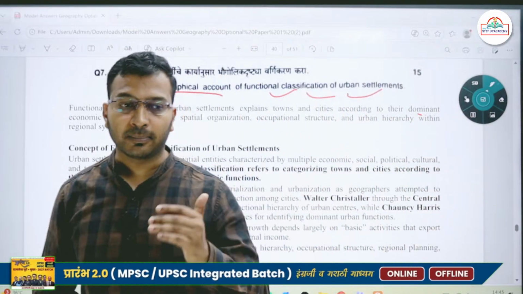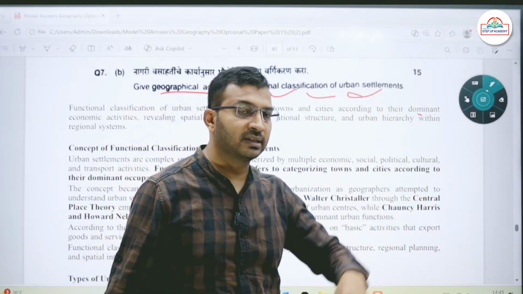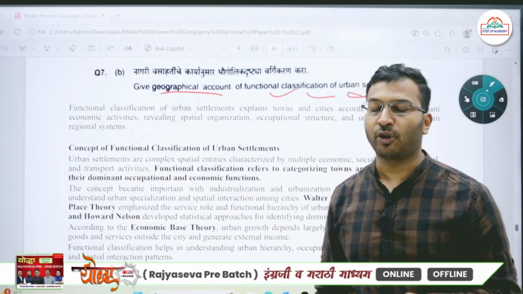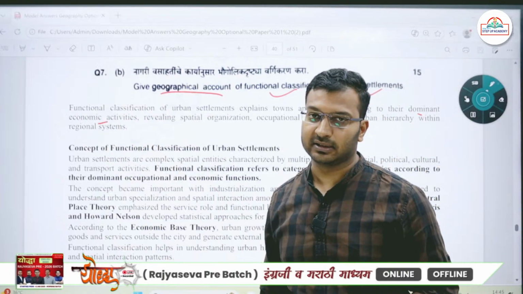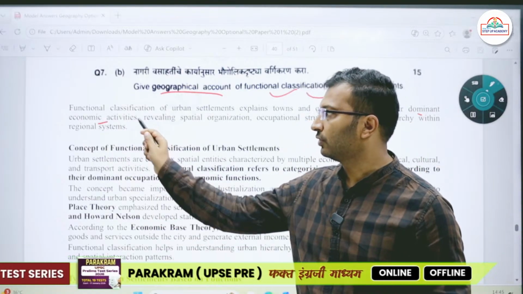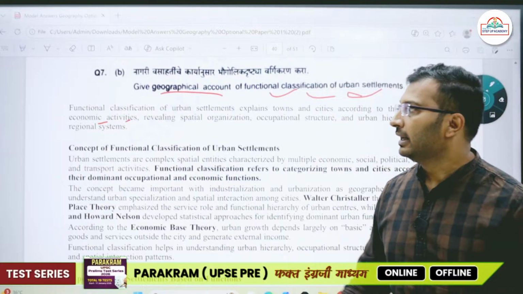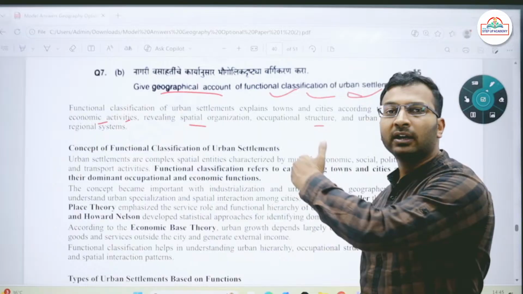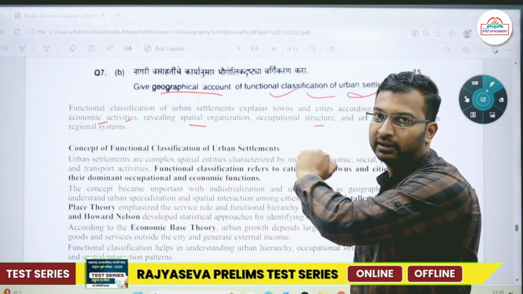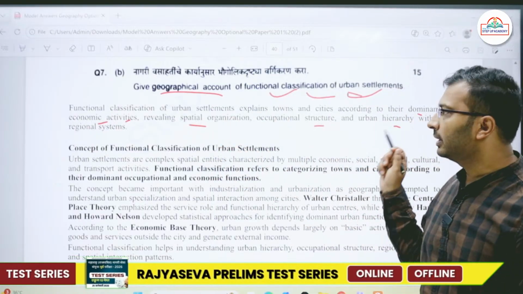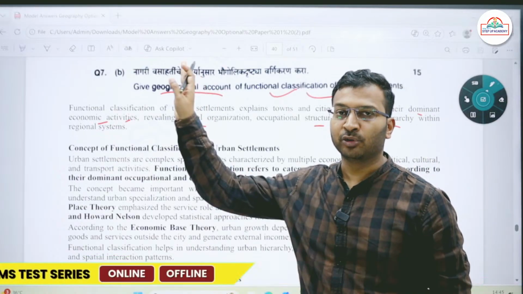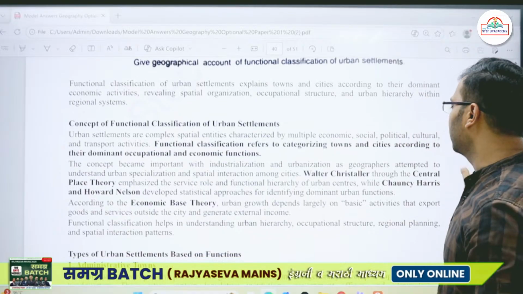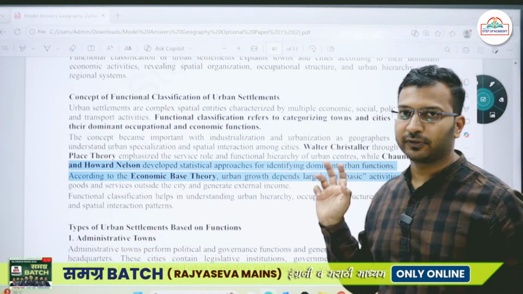Most of the urban settlements are determined based on their economic activities. Their classification is done on the basis of their economic activities, revealing their spatial organization and the occupational structure. Depending upon the economy of that area, the occupational structure, and the urban hierarchy within the regional system, we take the classification.